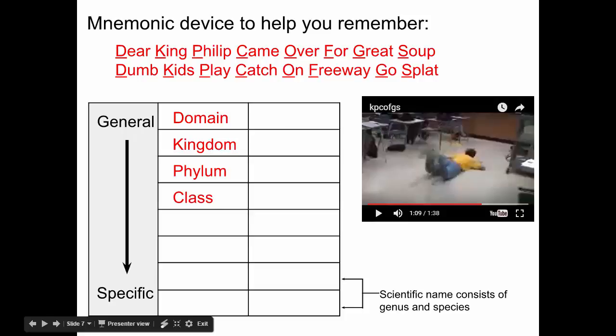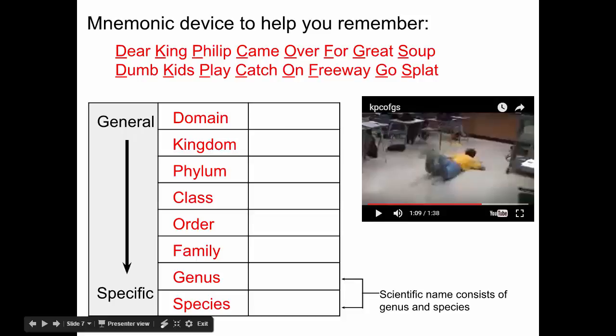Karina? Order. Evan? Family. Jackson? Genus. And finally, Matt? Species. Domain, kingdom, phylum, class, order, family, genus, species.